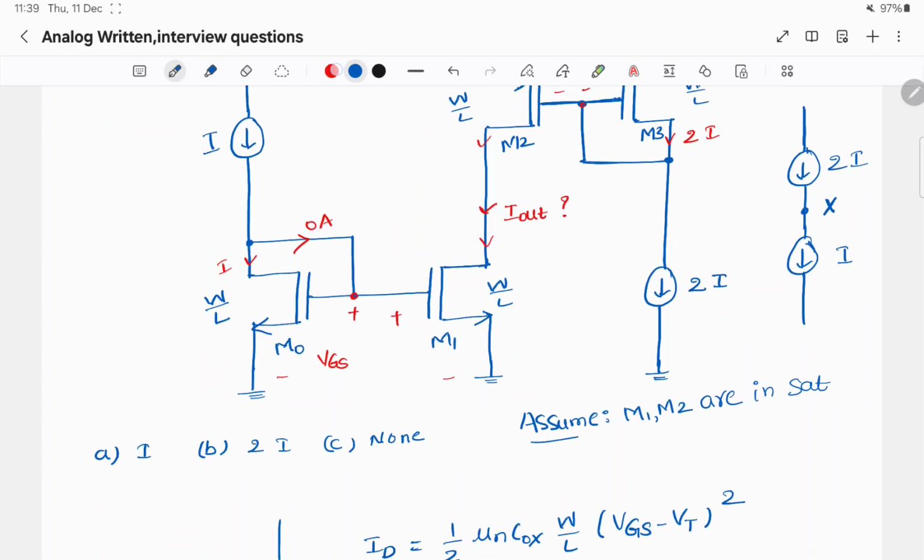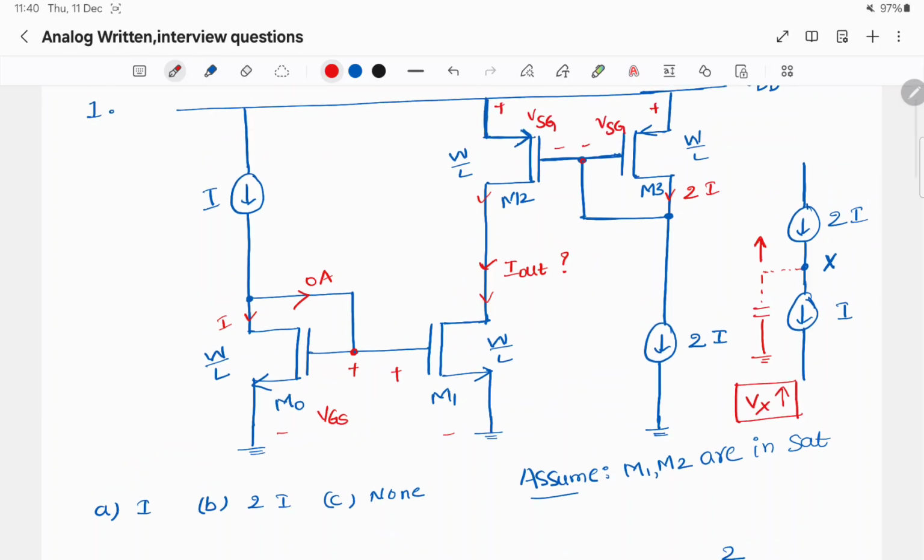Because 2I is more than I, you assume some parasitic capacitance here. So more current is flowing into the node than the current drawn from the node. So this node potential will increase. Vx increases.